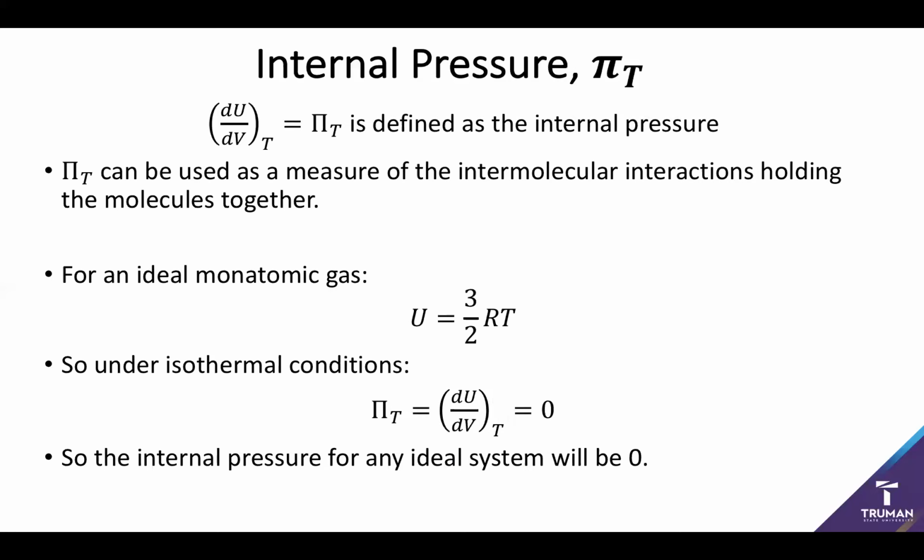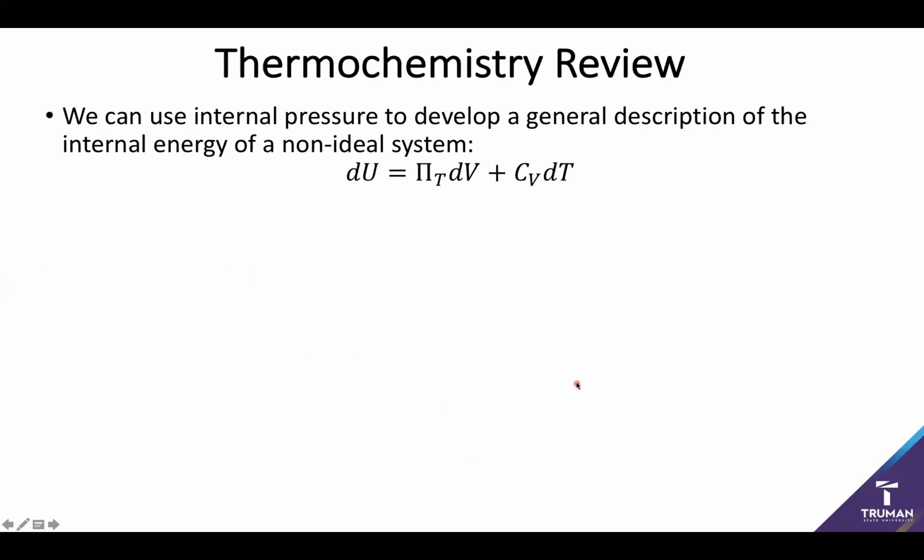And so we can use this idea of internal pressure to build up a more general description of our internal energy for any system, whether it's ideal or not, by essentially taking our internal energy as related to CV dT, and then adding in this internal pressure component for a non-ideal system.